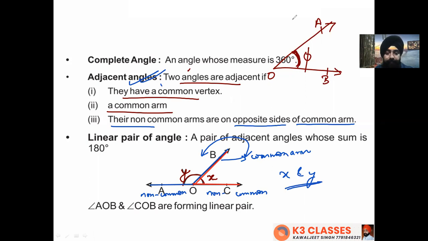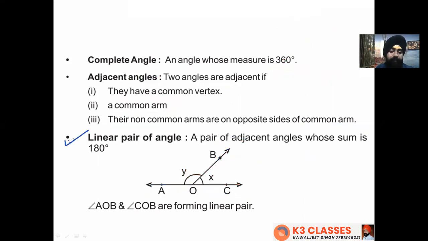Okay. Now, what do you understand by a linear pair of angles? A pair of adjacent angles. First of all, the condition is adjacent. A linear pair is applicable when we have a pair of adjacent angles whose sum is 180 degrees.